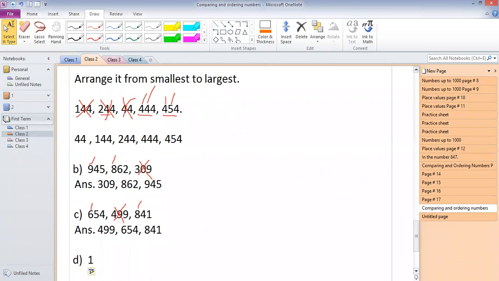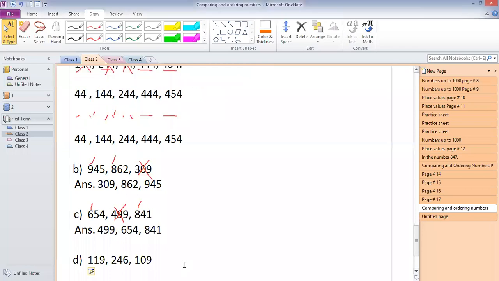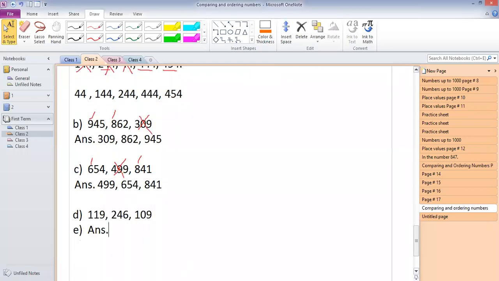Very good, very good. Now you have to answer this by yourself and answer me in the chat box fast. We have only 3 minutes left. Arrange it from smallest to largest. In the chat box, guys.